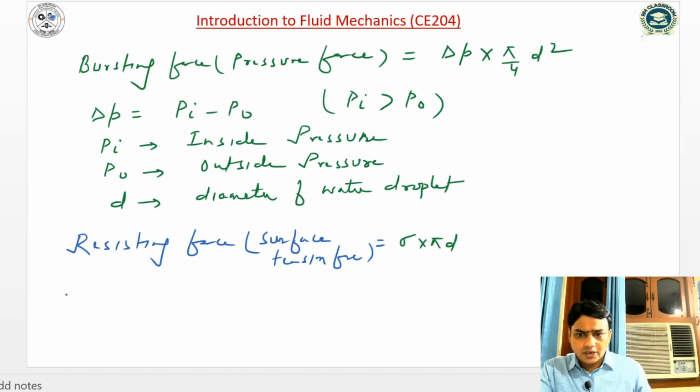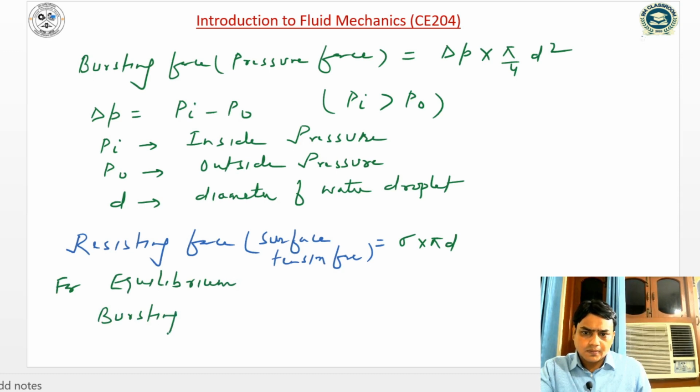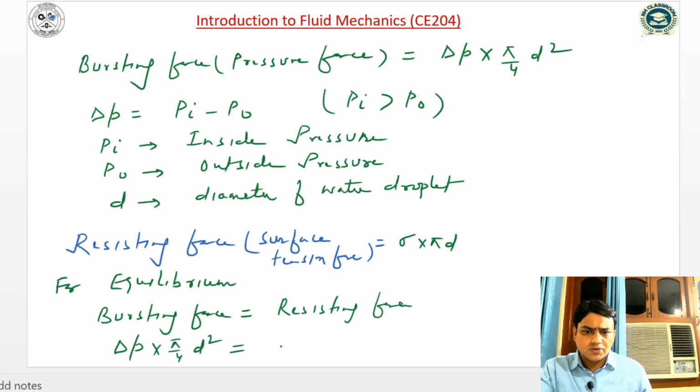So for equilibrium, this bursting force must be equal to the resisting force. The bursting force, delta P into pi by 4 into d square, is equal to sigma into pi into d.